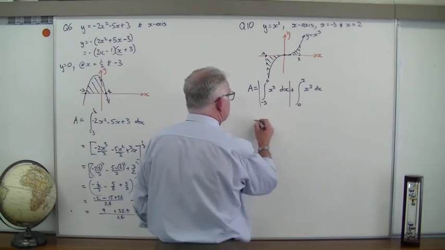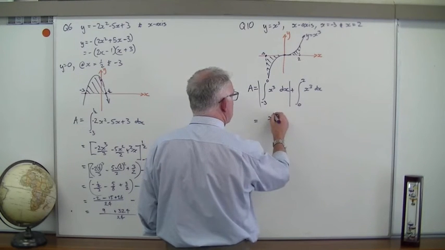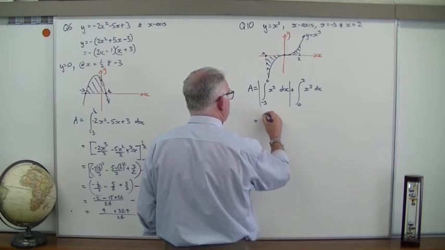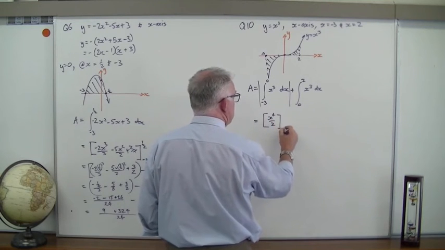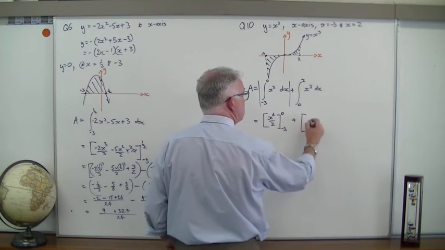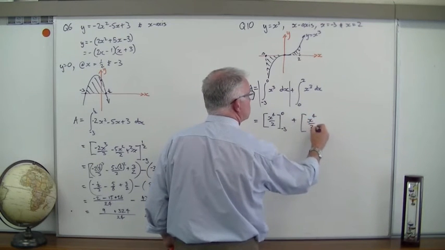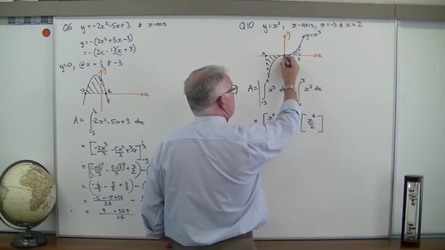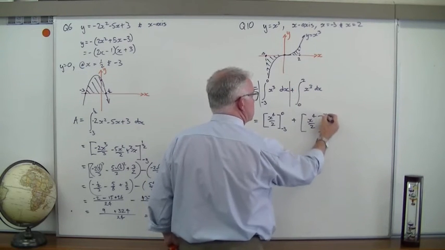Now, the integration is very simple. That's going to be x to the power of 4 on 2, and for this chunk, it'll be from -3 to 0. Then we add this bit, which will be x to the power of 4 on 2, from 0 up to 2.